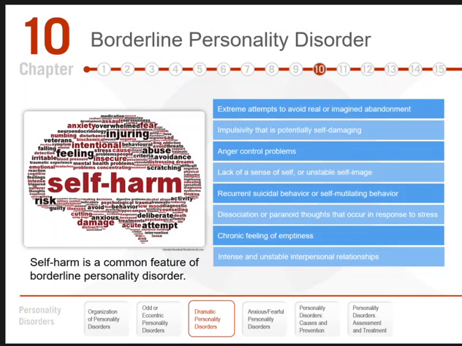They have a lot of tendencies to have suicide attempts. Self-harm is very common with these folks. They can just swing down. It's not bipolar, because it's almost an impulsive kind of swing.